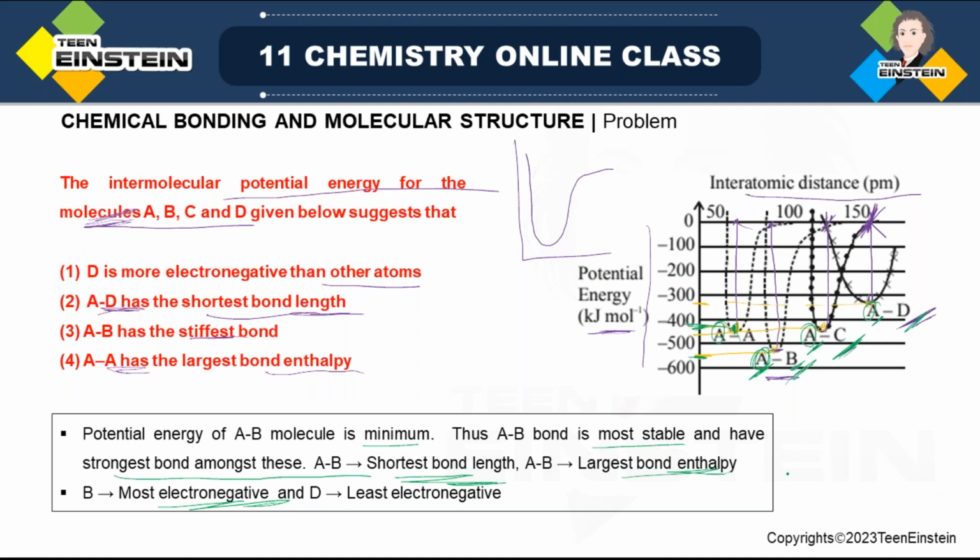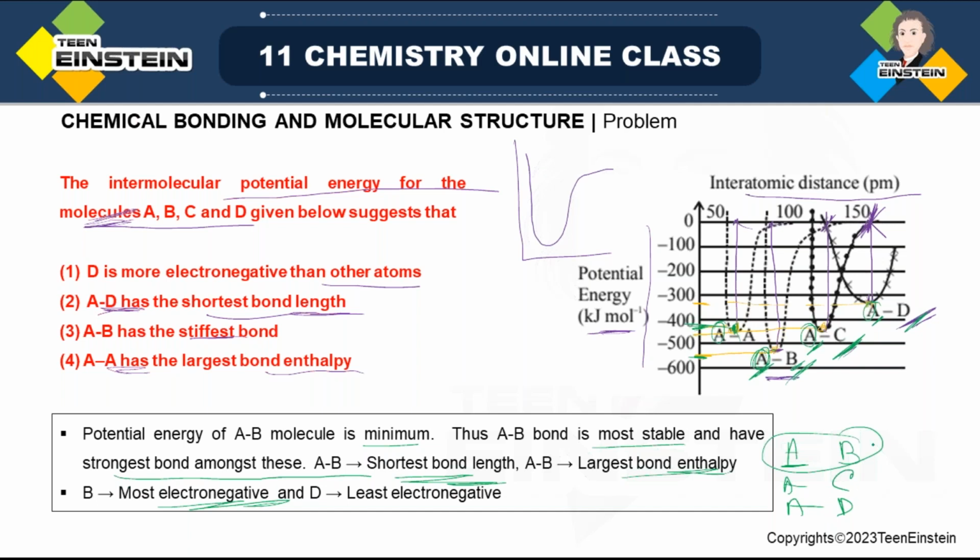That means the electronegativity difference, because A is fixed, in the case of the A and B system is basically maximum. So the more the difference in electronegativity between A and B, they will be attracted to each other and the bond will be very stable compared to AC and AD.